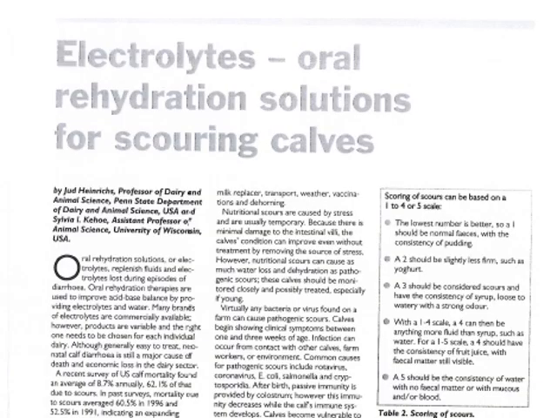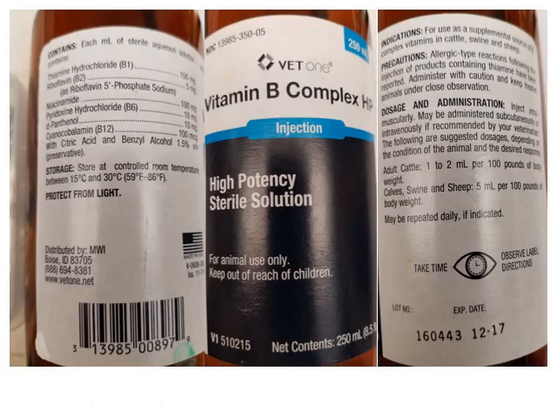These are the references up there talking about those scouring calves and what we can do for them if you want to take the time to read them. We can also add some B complex in there. That might be helpful as well.